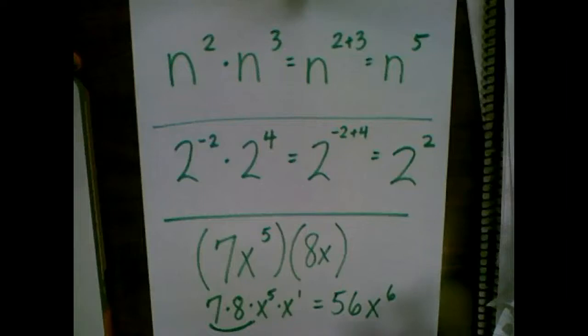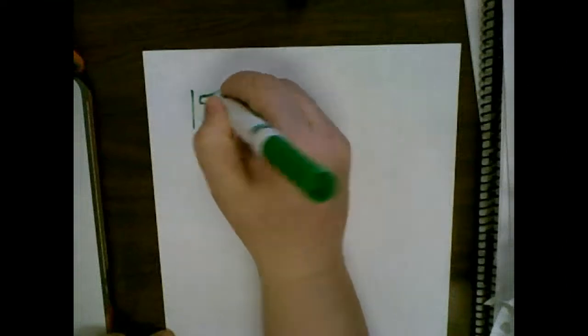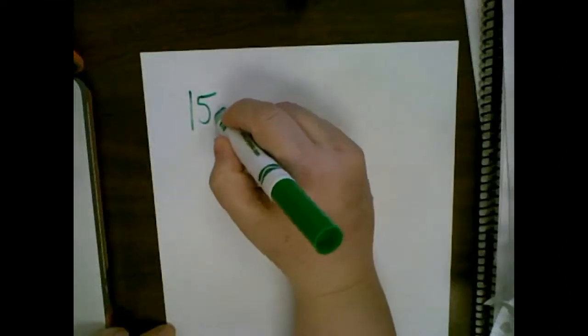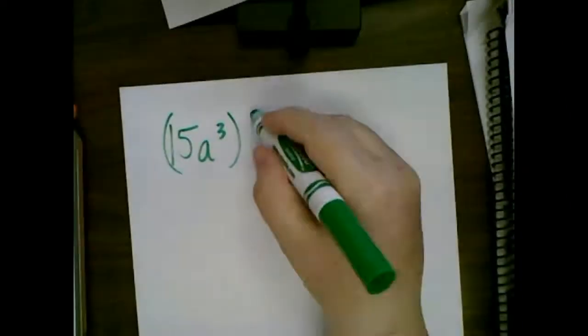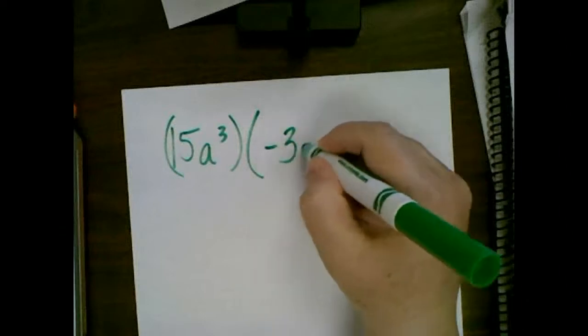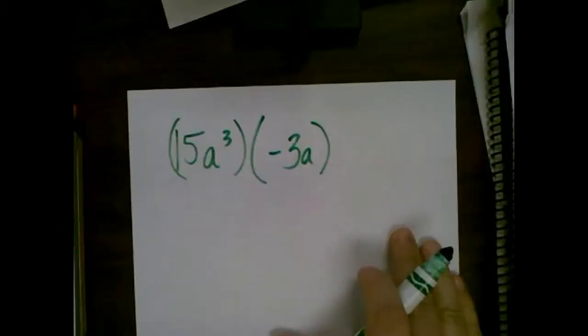Okay, let me give you one more example of that. Let's say we've got 15a to the 3rd times negative 3a.